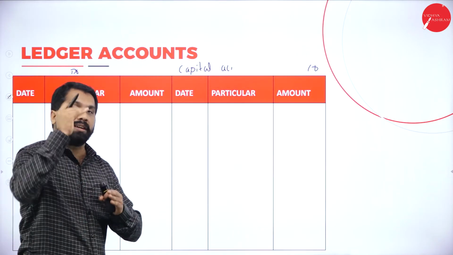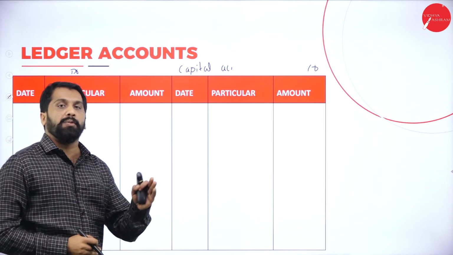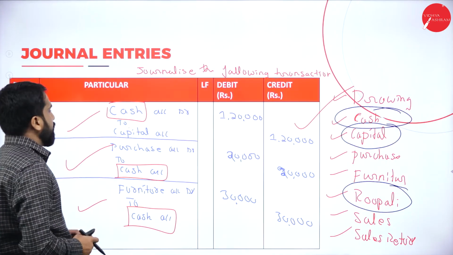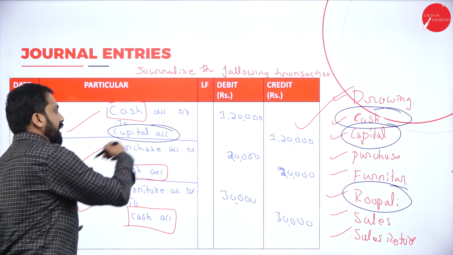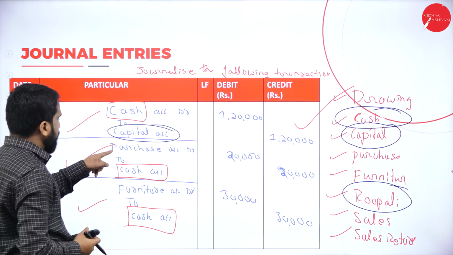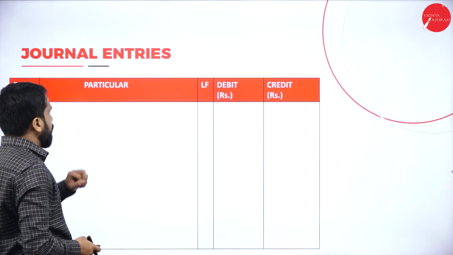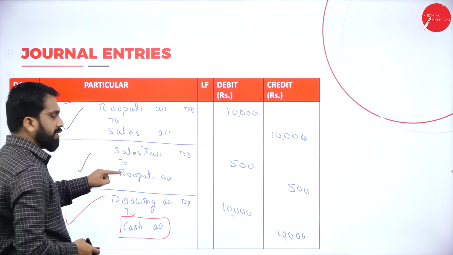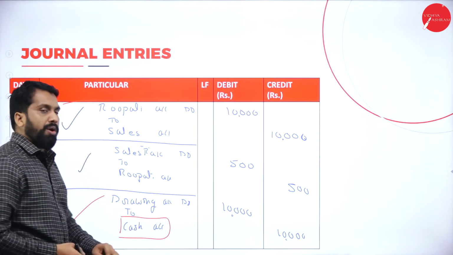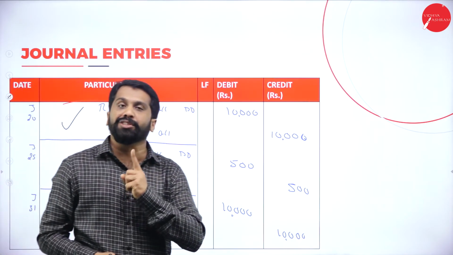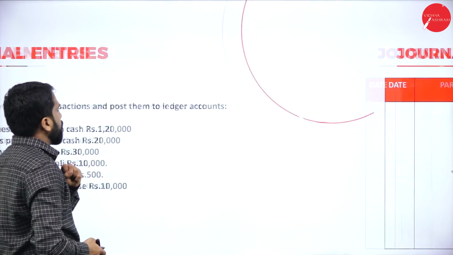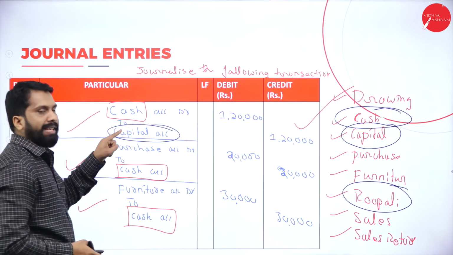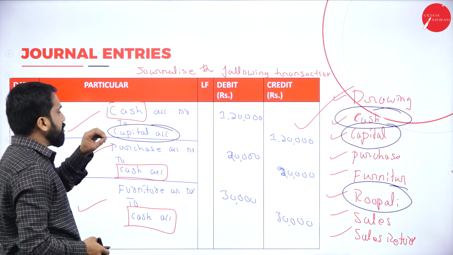Now, I'll go back to your journal entries. We'll see wherever you have capital. In the first journal entry itself, you have capital. Second, no. Third, no. Fourth, no. Fifth, no. Sixth, no. Only one journal entry, your first one, that is capital.